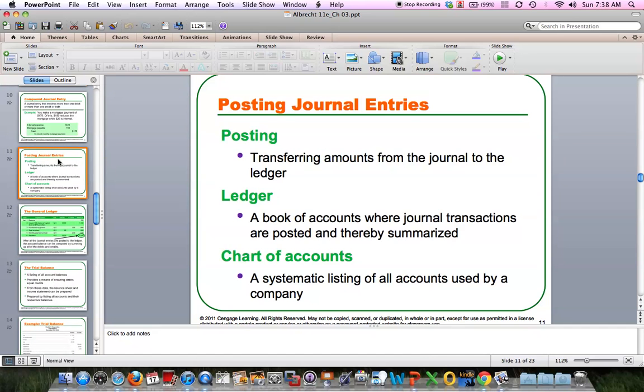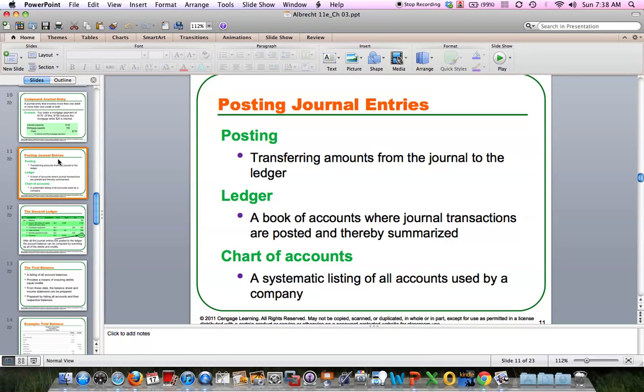Now in your book, I want you to make a note that after page 78, pages 80 through 84 are going to walk you through several sample transactions and show you the actual journal entries in a general journal.